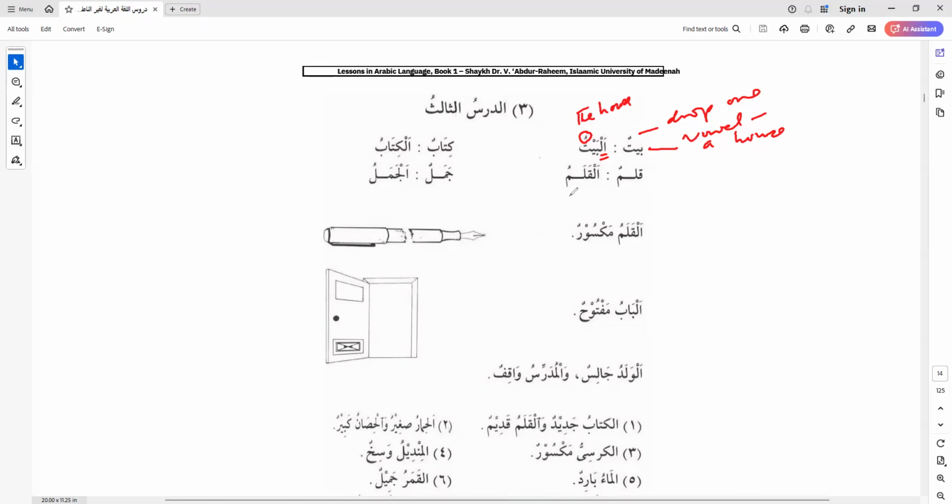So anytime there's alif and lam attached to a noun, then it's a definite noun. If the alif and lam is not there, then it's an indefinite noun. And then you also have to look at the vowel structure. Even if you are reading blindly, you have to know that anytime the definite article is attached to a noun, it's going to end in either one dhamma, one kasra, or one fatha.